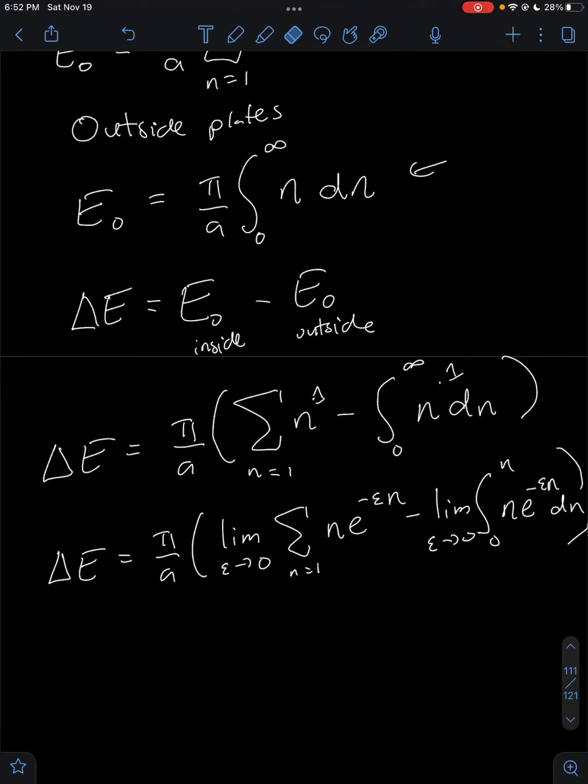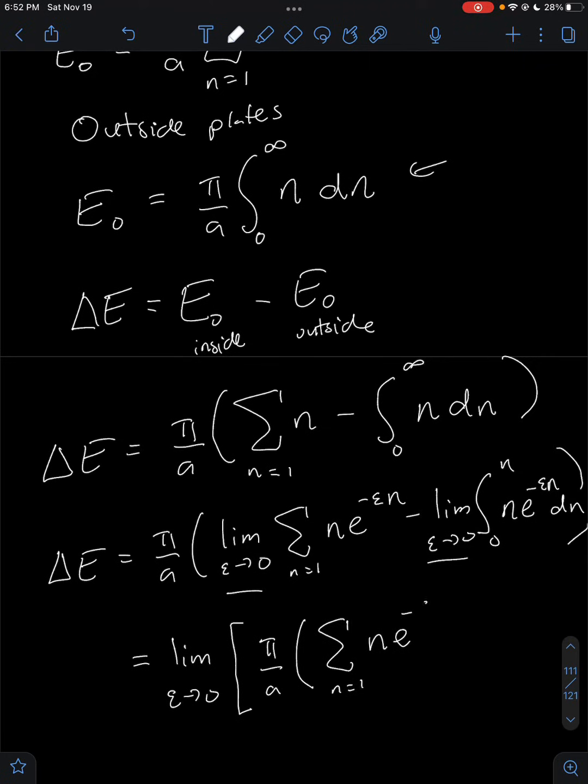Why are we doing this? You'll see shortly. Now we can factor out this limit, giving us the limit as epsilon approaches 0 of pi over A times the sum from n equals 1 of n e to the minus epsilon n, minus the integral from 0 to infinity, my bad, of n e to the minus epsilon n dn.